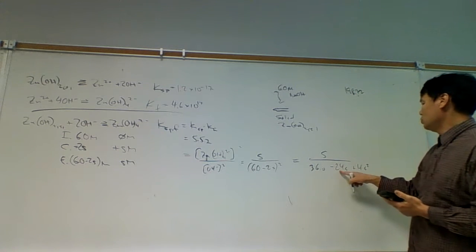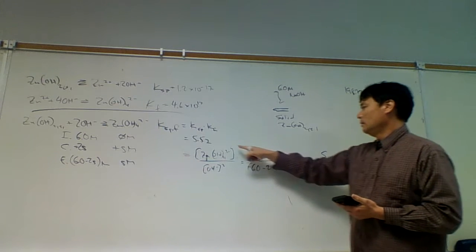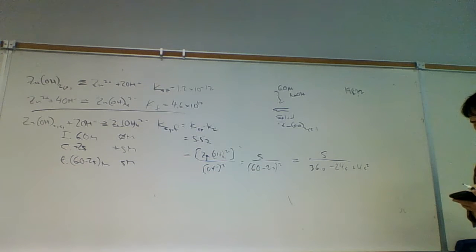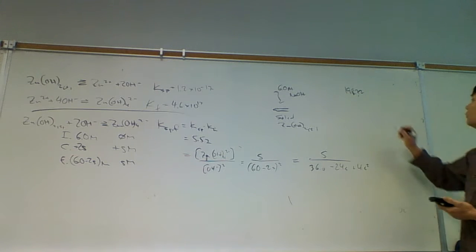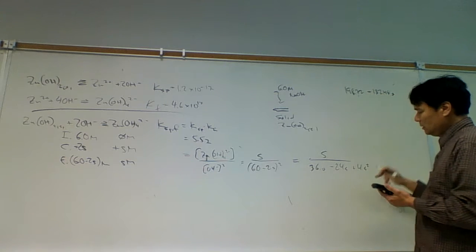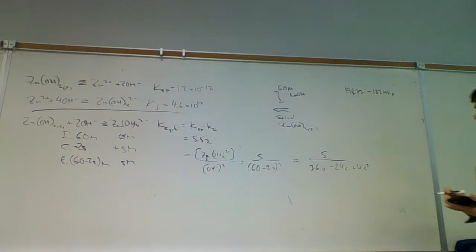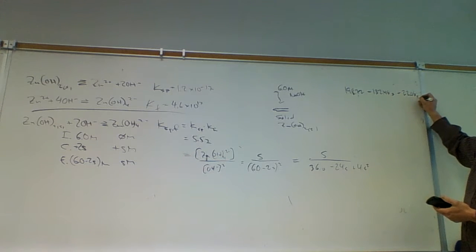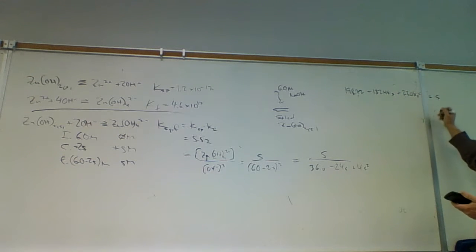Then 24 times 5.52 is 132.48, so this is minus 132.48S. And then 4 times 5.52 is 22.08, so plus 22.08 S squared is equal to S.